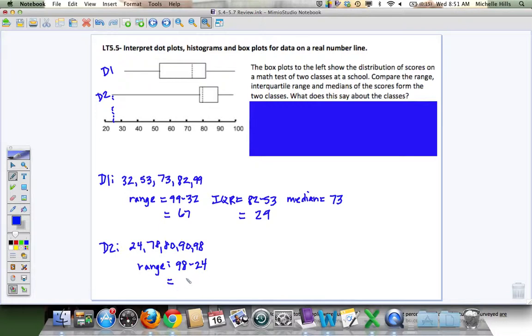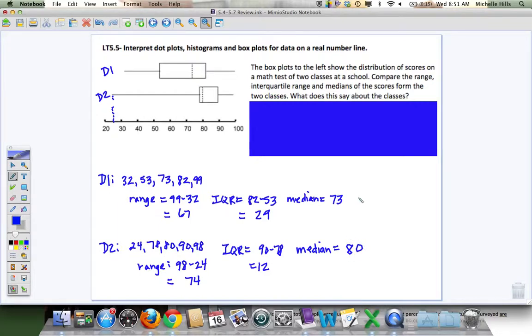So my range was 74. My interquartile range, the third quartile minus the first, was 90 minus 78, which is 12. And my median is 80.